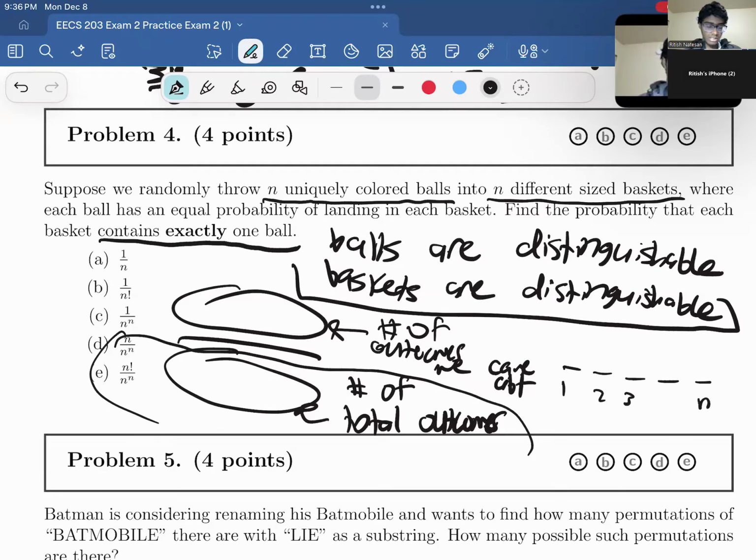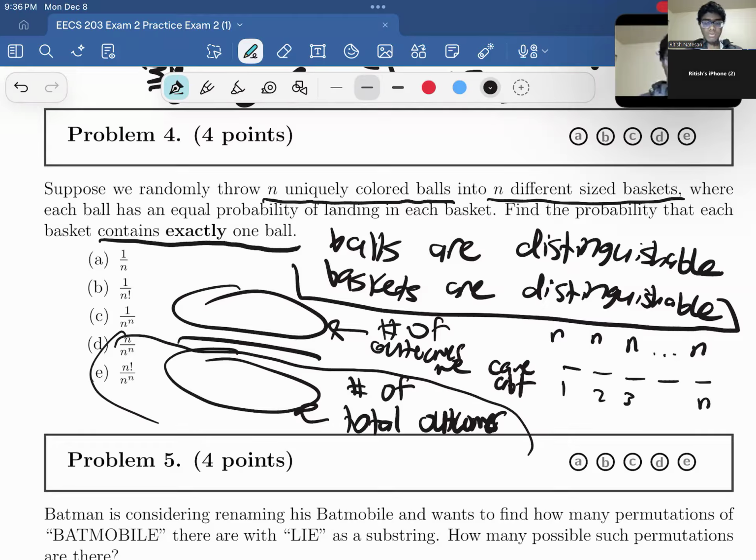If we look at each of these n balls individually, we can say that ball 1 has n baskets it can go into. So it has n options for the basket which it can go into. Ball 2 also has n options for the basket it can go into. Ball 3 also has n options, etc. So all of the n balls have n options for which basket we can place that individual ball into.